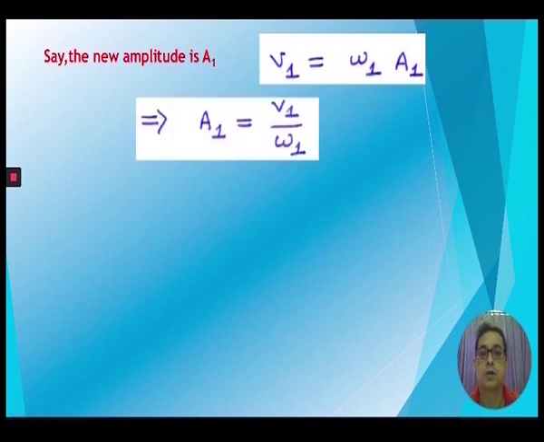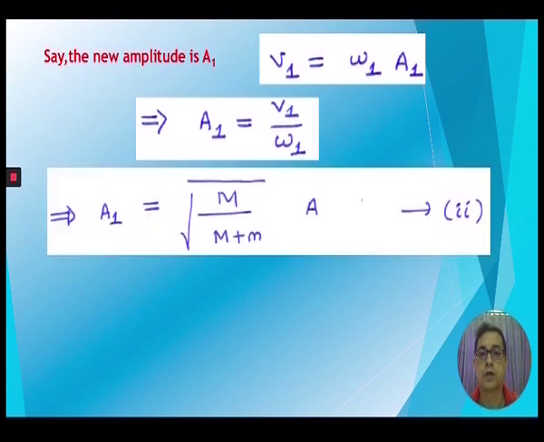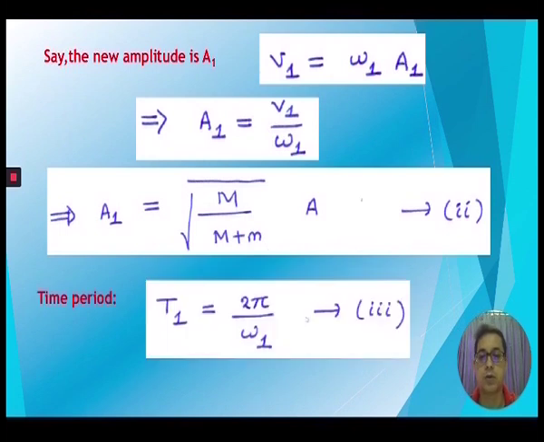Then A1 you can find as v1 divided by omega 1, and you have already worked out what v1 is. Using these previous relations we can find A1 in terms of the initial amplitude in the original setup. So A1 is equal to square root of capital M divided by capital M plus small m, into A, and the time period is 2 pi by omega 1.